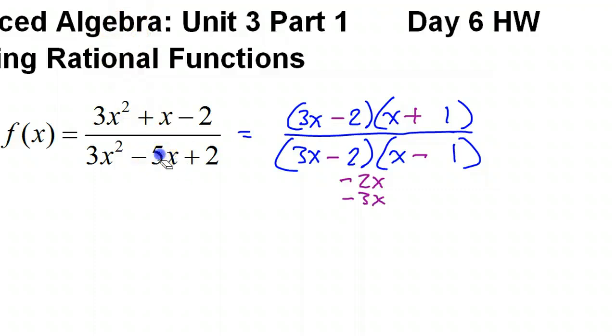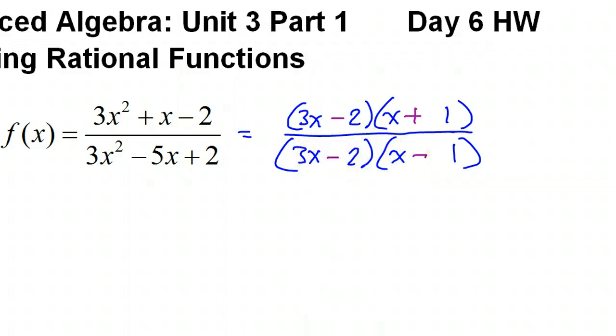So now that everything's factored out, let's step back and see what we're dealing with. Now, vertical asymptotes. Normally we just set the denominator equal to 0, but we have to watch out for things that cancel out, because if any vertical asymptotes cancel out, then it won't be a vertical asymptote. It'll be a hole there instead.